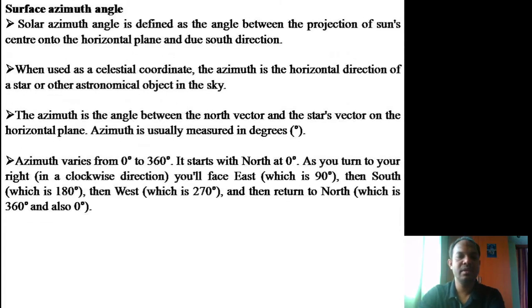Now the other important angle is the surface azimuth angle. The solar azimuth angle is defined as the angle between the projection of the sun's center onto the horizontal plane and the due south direction. I'll show you once with the sketch.